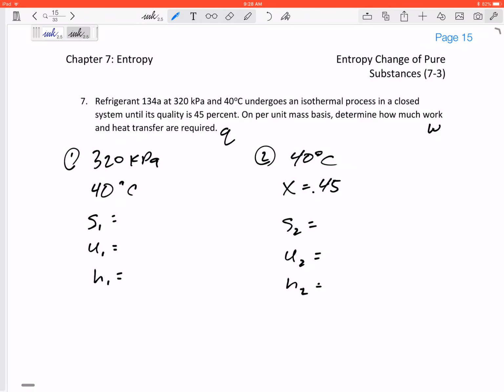I'm not sure yet what I need, but if it asked for the change in entropy, I could tell you that. But it asks for the work per unit mass and the Q per unit mass.